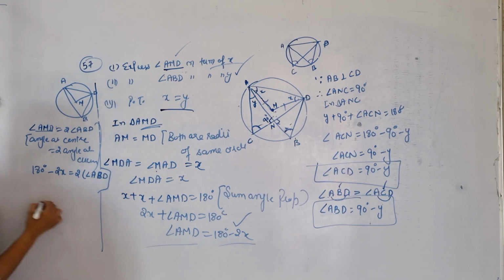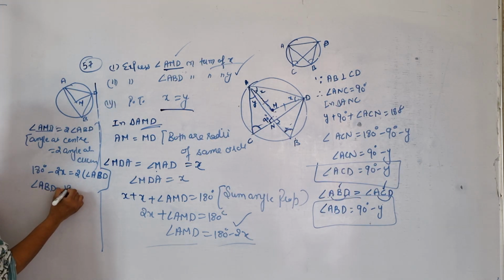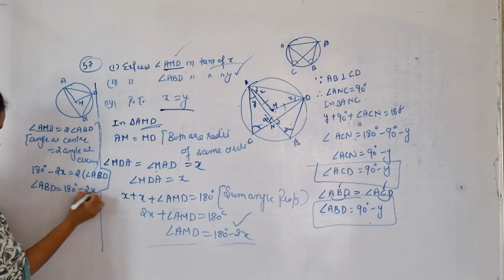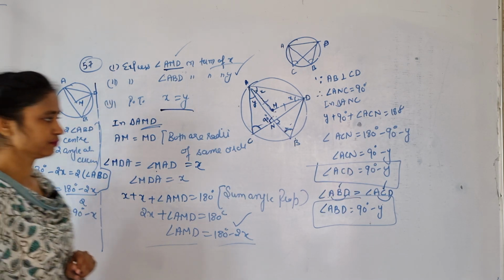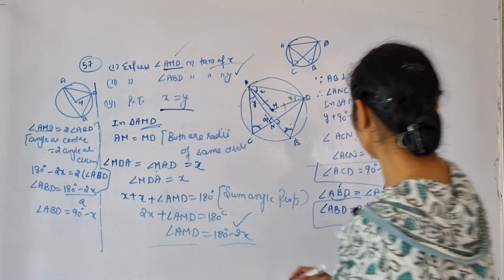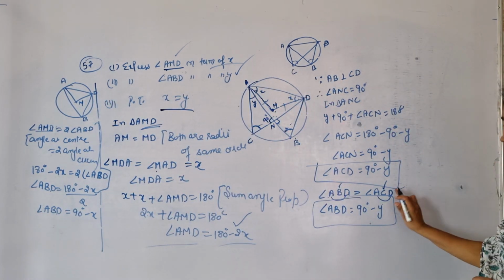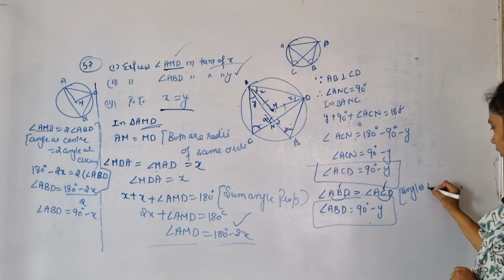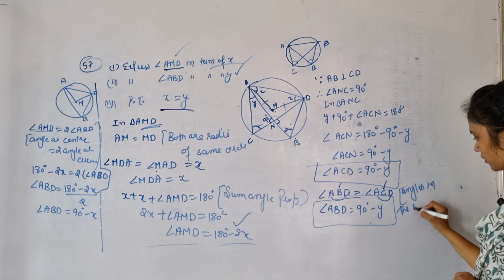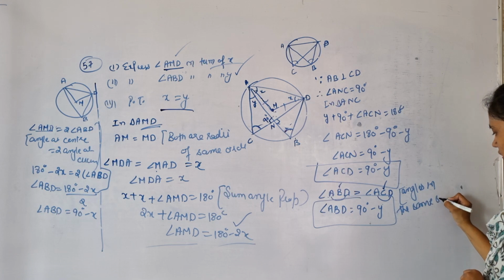So angle ABD will be equal to 180 degrees minus 2x upon 2, which means angle ABD is equal to 90 degrees minus x. Now again we will use this result, angles in the same segment. Here you will write the reason also, angles in the same segment.